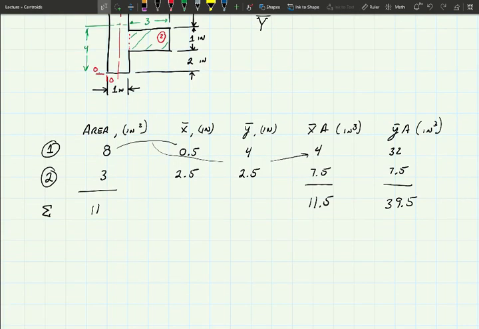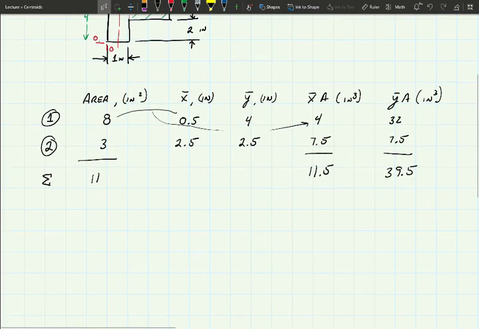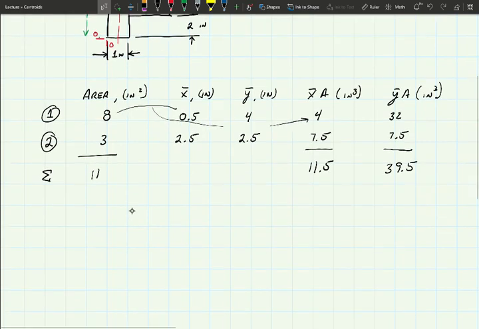Now, if I want to find out where the centroid of the whole bit exists, we're going to be really interested in this. I'm going to use my centroid x for the master, for the total figure.